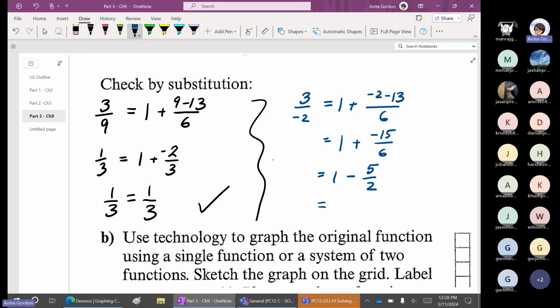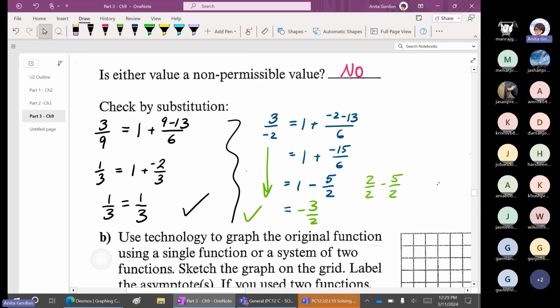What would I get here? Negative 3 over 2, which matches the right side. So both of our roots work. We can keep both of them.